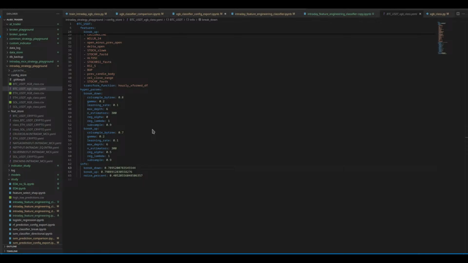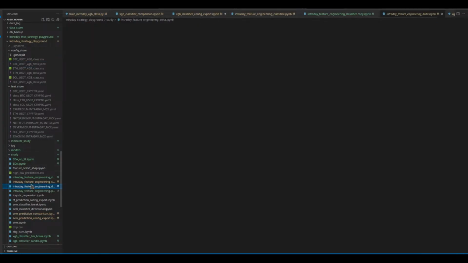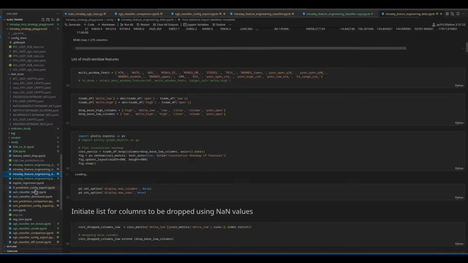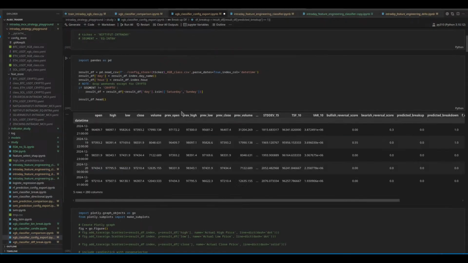Although the precision is a bit lower, around 45 to 49%, meaning there are false positives, this is where filtering based on reversal scores or trend filters can help refine the entries. What I mean by that is, if I take a look, this is my export thing.